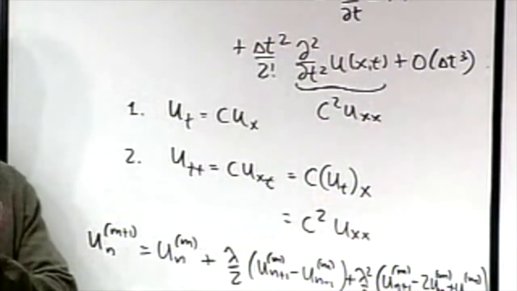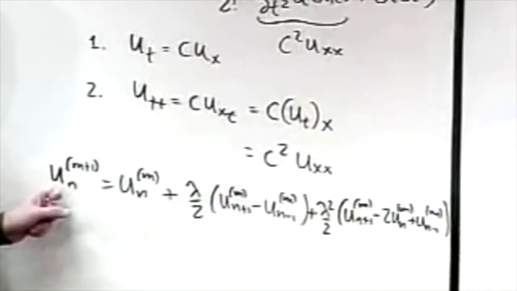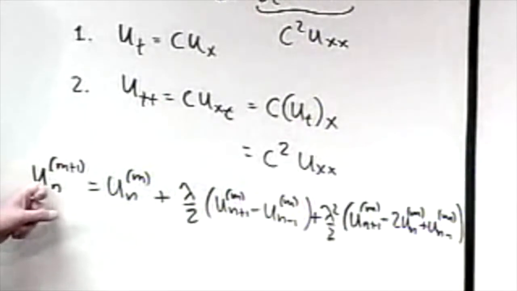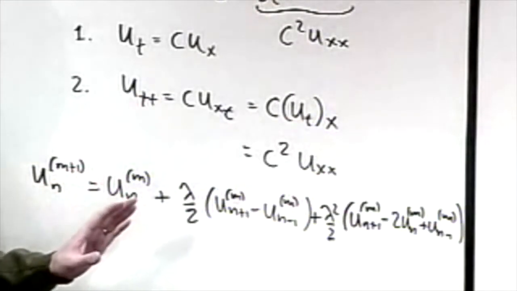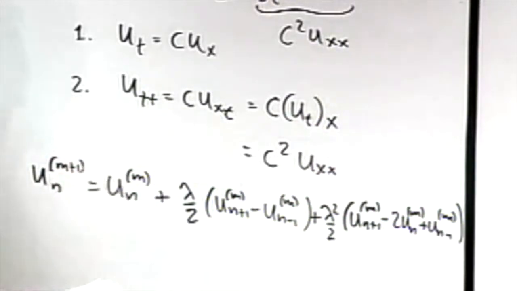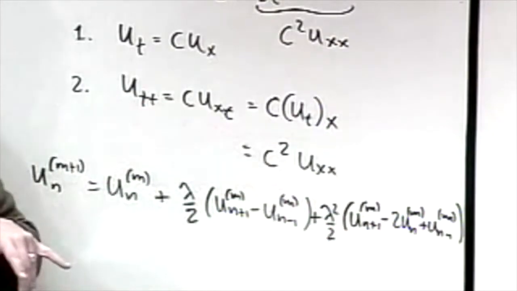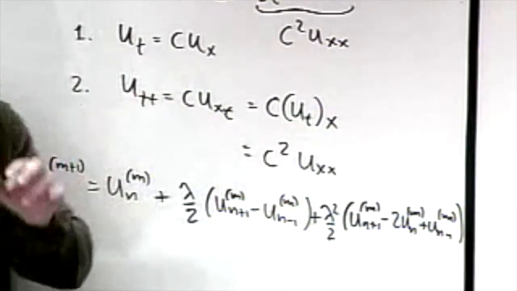Very clever use. Now here's the interesting thing about it. It's again a 4-point stencil, because it relies on the current point and its neighbors at the current time to get the future time.